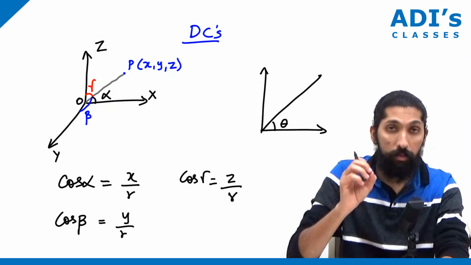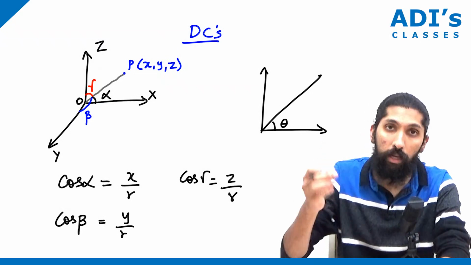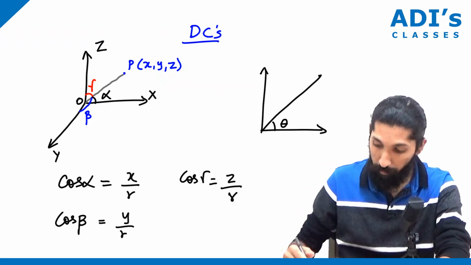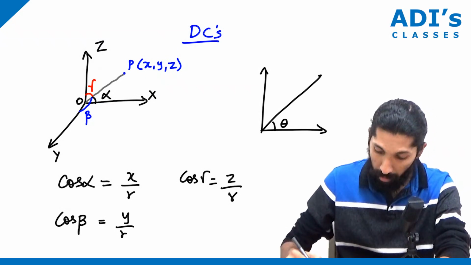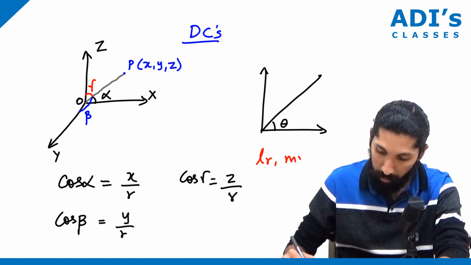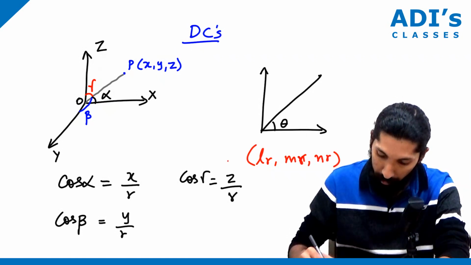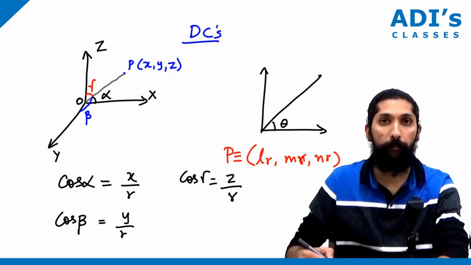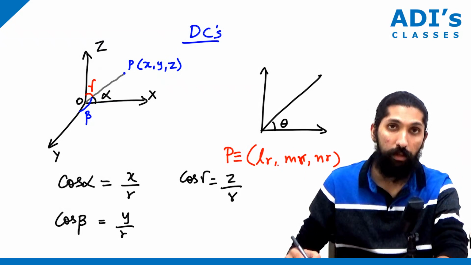Fair enough? The point P that we have can also be written in another format. We can write this point P as l into r, next m into r, and the next n into r. So the same point P can also be written this way, where l, m, n are the direction cosines. Fine.